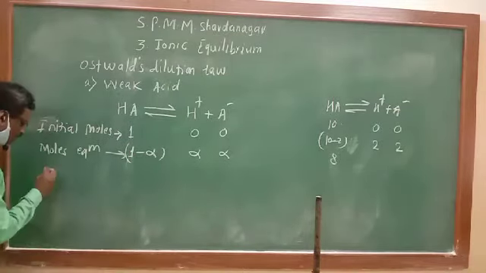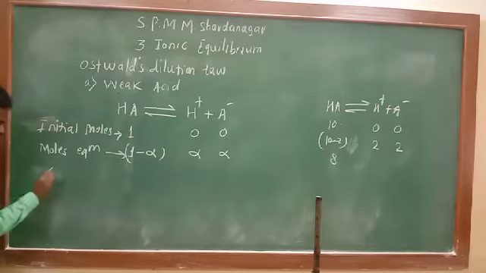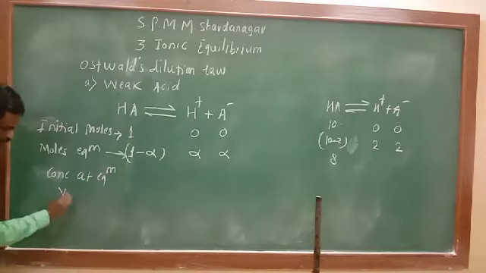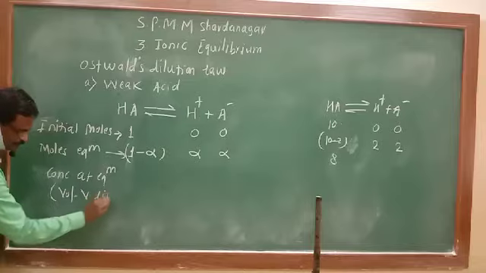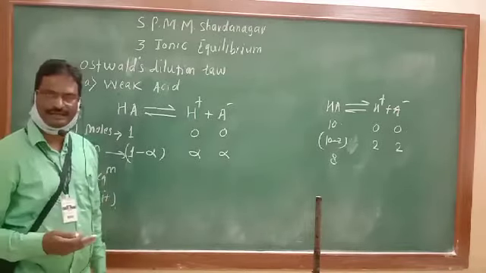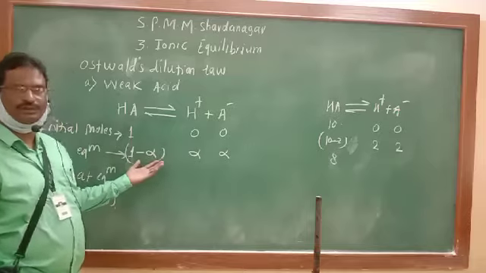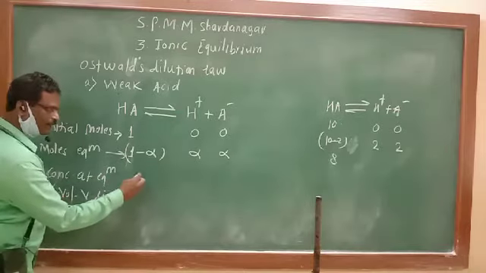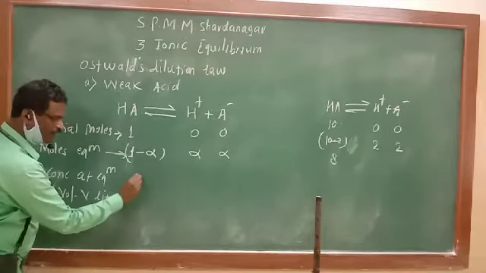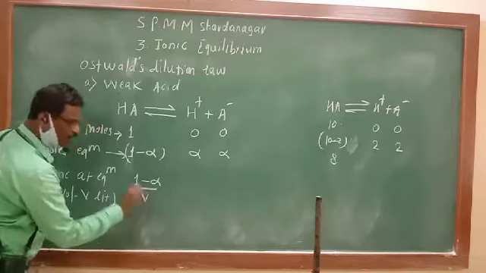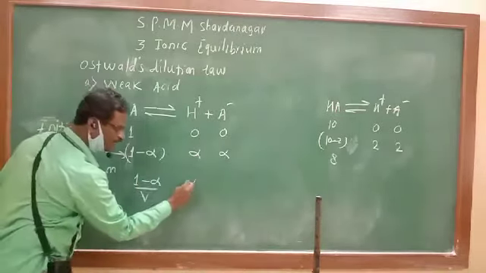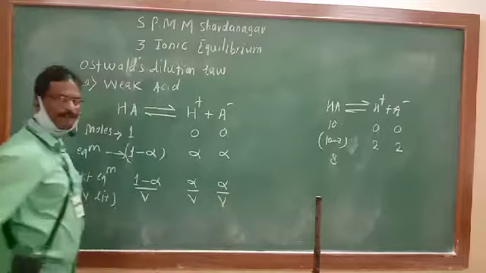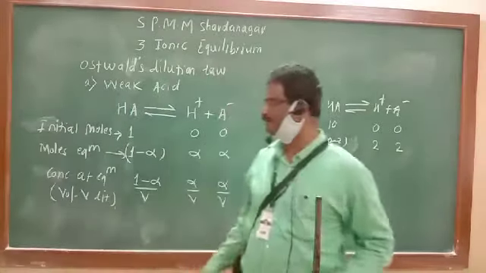Now what is concentration? Let us consider the total volume at equilibrium as V liters. Concentration is nothing but the number of moles present in the total volume. So concentration of HA at equilibrium will be 1 minus alpha upon V. Concentration of H plus ion is alpha upon V, and concentration of A minus ions is also alpha upon V. This is the only important data.